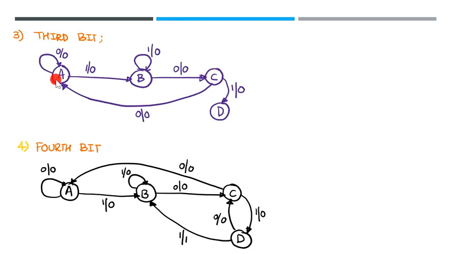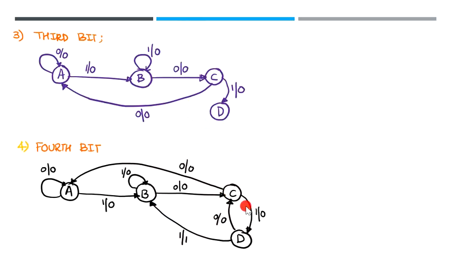So you will be returning back to the initial state A, indicating that the pattern has to be detected from the beginning.